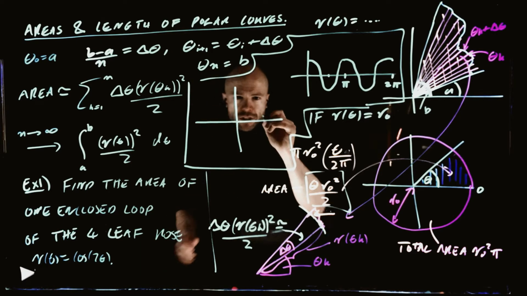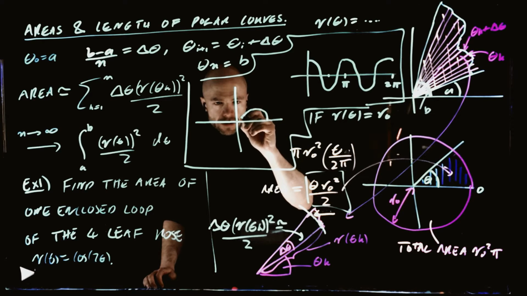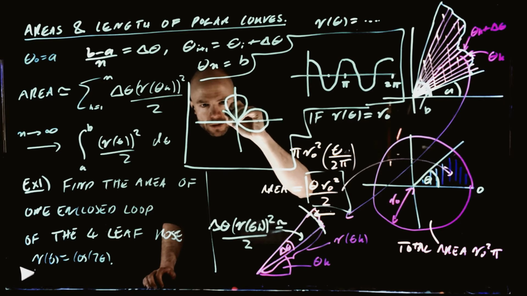But if we do carefully sketch it, what we find is something like this. It goes like this, goes like this. So I'm not doing it in the order which these petals or these leaves occur. I'm just doing it to get the picture up.